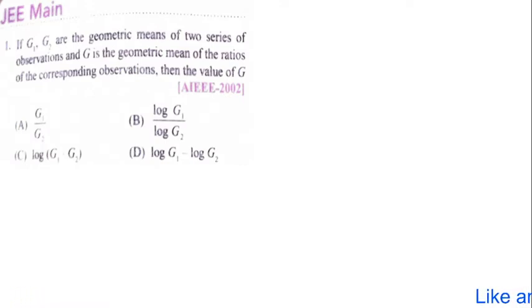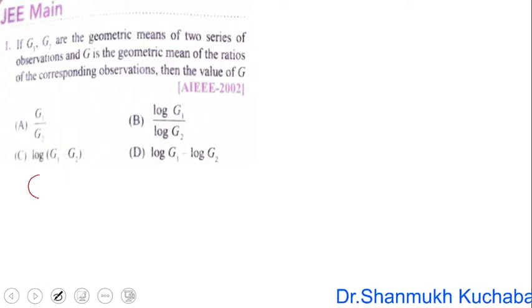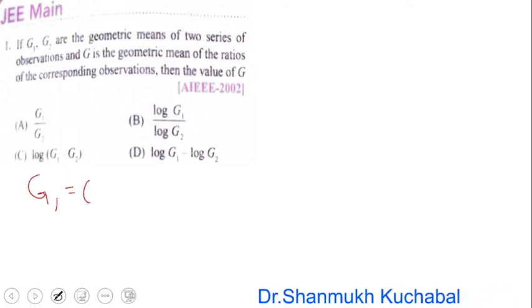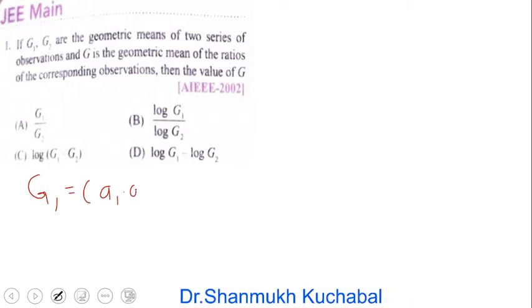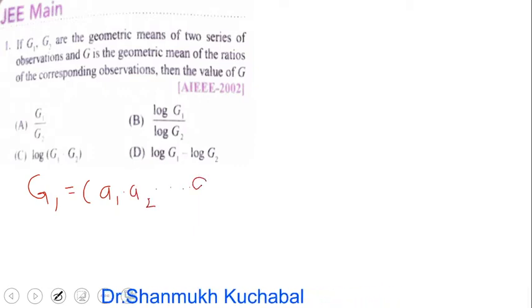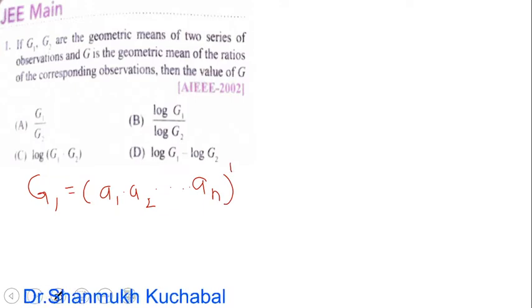The first question is: if G1 and G2 are the geometric means of two series of observations and G is the geometric mean of the ratios of the corresponding observations, then find the value of G. By the definition I can write G1 equal to (A1 into A2 and so on up to An) raised to 1 upon n.